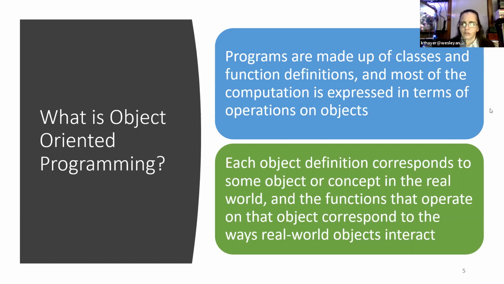Each object definition corresponds to some object or concept in the real world. So for example, as you're thinking about your projects, maybe an object could be a ball moving on a turtle screen. You might have multiple balls in your game, and each of them could be defined as an object. And the functions that operate on that object correspond to the ways real-world objects interact.